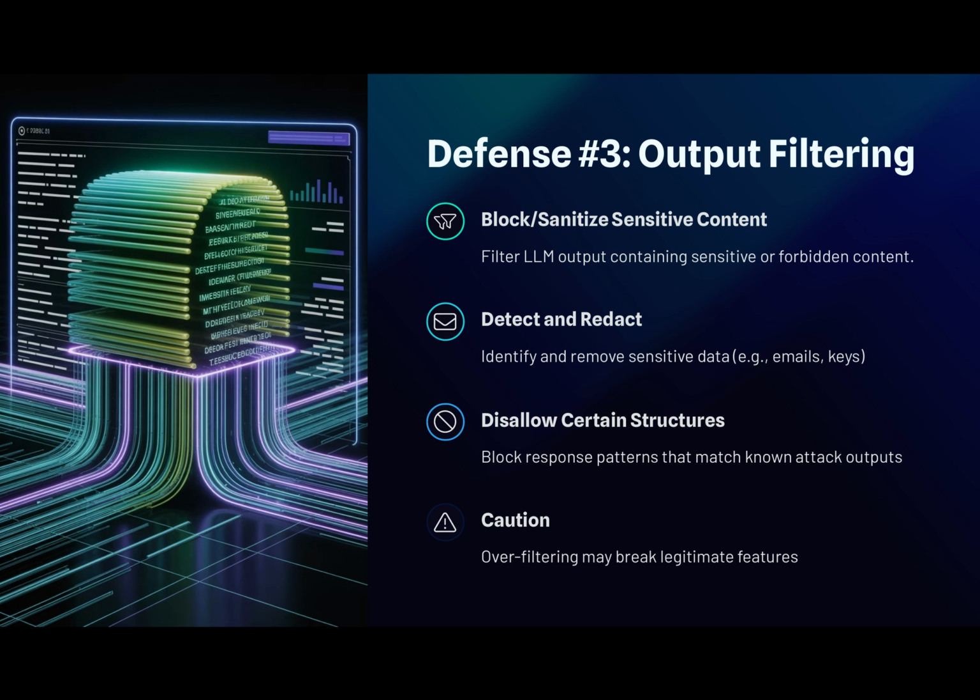Another effective approach is to block response patterns that resemble known attack payloads, which makes it harder for adversaries to extract restricted information or exploit prompt injections. However, it's important to note that overfiltering could inadvertently prevent legitimate responses or impact the product's features. So, when applying output filters, consider both security and user experience to maintain the right balance.